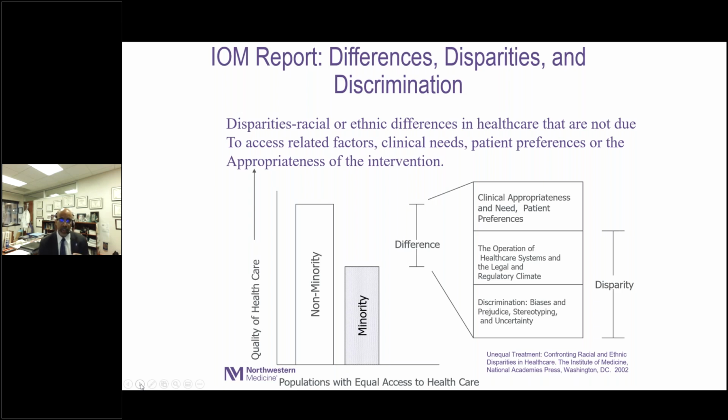But it's been these kinds of influences that have qualified the differences that we're seeing using these large data sets as not just differences, but disparities. Move forward yet again, please.